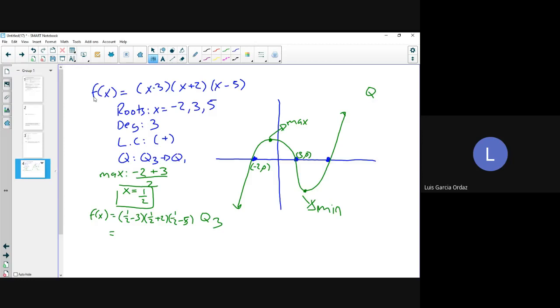Okay, so can someone simplify that for me? I see everyone's getting their calculator at the same time.